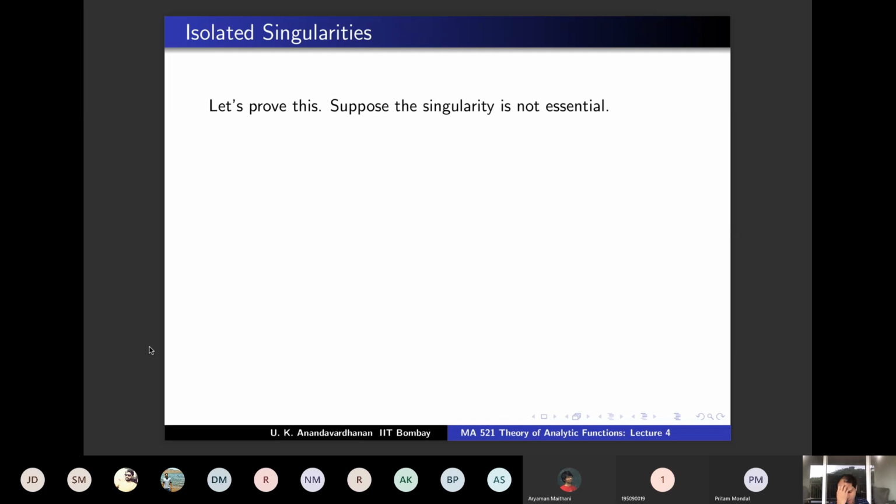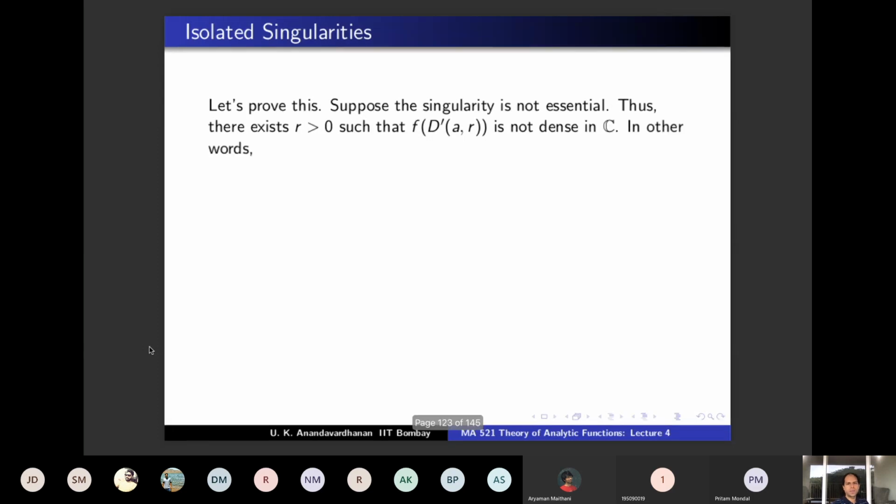Again, what is essential? Any deleted neighborhood of that point, its image under f is dense in C. So if it is not essential, then there is a deleted neighborhood whose image is not dense in C. There exists R such that f of D'(a,R) is not dense in C. Dense means that given any point, any neighborhood contains points from this set.